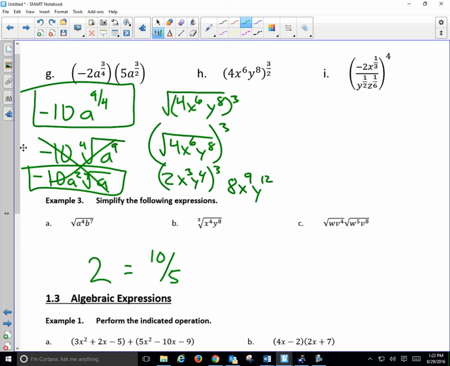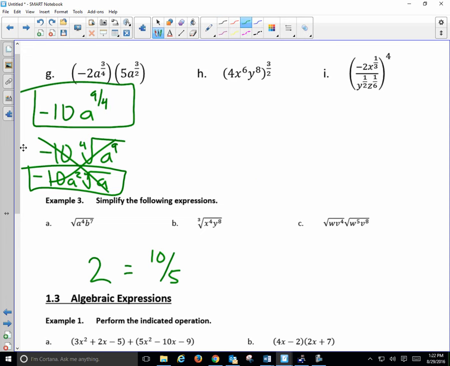Let's do it a different way. Most of you would say power to a power, so I multiply. So 8 times 3 halves. 8 times 3 divided by 2, 12. So you got y to the 12. 6 times 3, 18 divided by 2, 9.